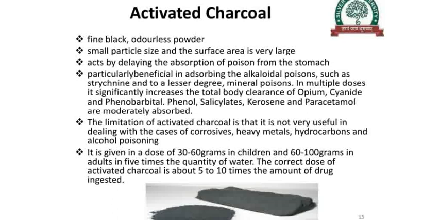Generally, in case of food poisoning, some metal poisoning, or drug poisoning, activated charcoal is always used. Particularly, it is beneficial in adsorbing alkaloidal poisons such as strychnine, and to a lesser degree mineral poisons. In multiple doses, it significantly increases the total body clearance of opium, cyanide, and phenobarbital.